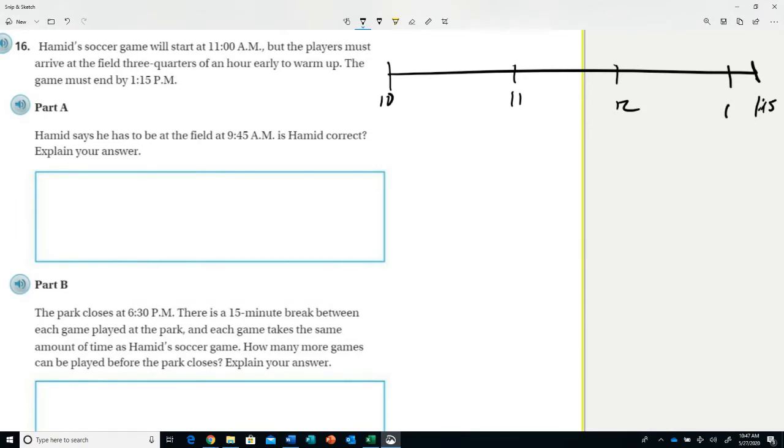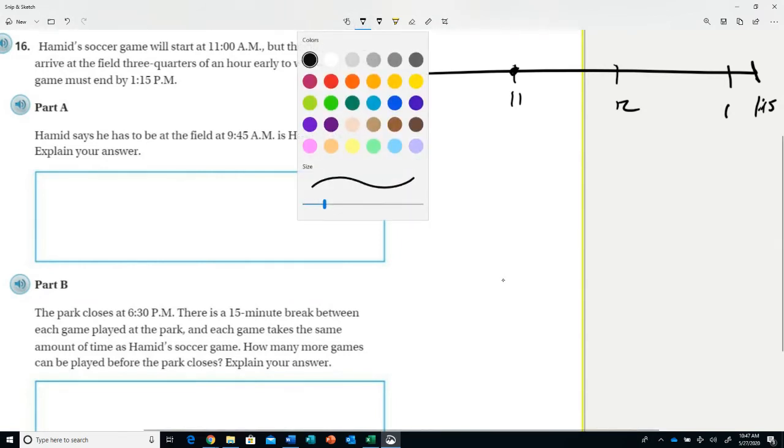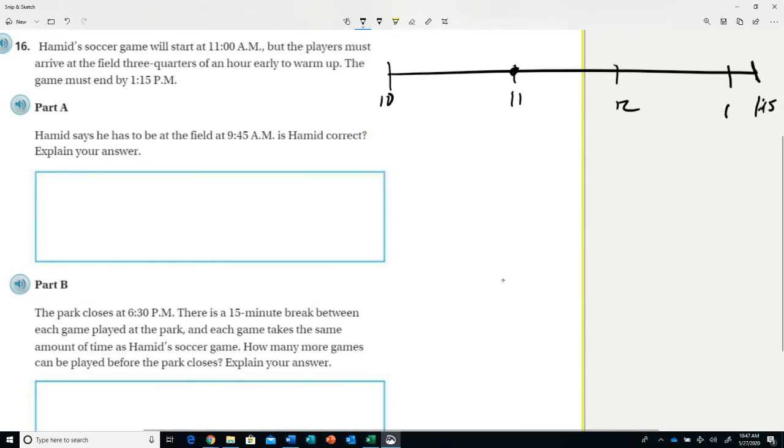Okay. He says he needs to be at the field at 9:45. All right, well, if his game starts at 11 and he has to be there 3/4 of an hour earlier, that's 45 minutes. So if I do my little lines here, which I'm going to shrink their distance, so 5, 10, 15, 20, 25, 30, 35, 40, 45, 50, 55. He needs to be there 45 minutes early.